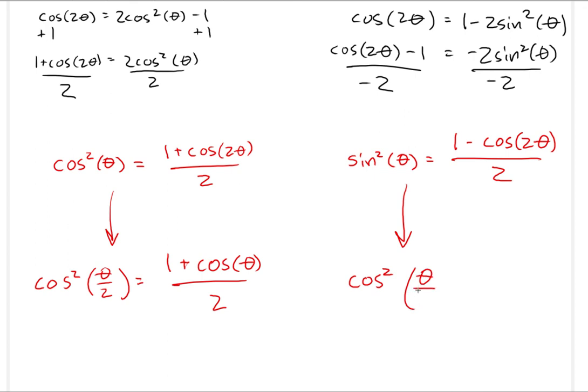And then if you want to know what the cosine of theta over 2 is, then you're just going to look at what quadrant theta over 2 ends in, determine whether the cosine of theta over 2 should be positive or negative, because you'd take the square root and it'd be plus or minus, and then you make that decision based on that. So there's all your formulas.